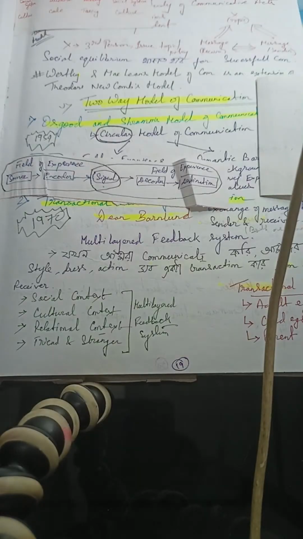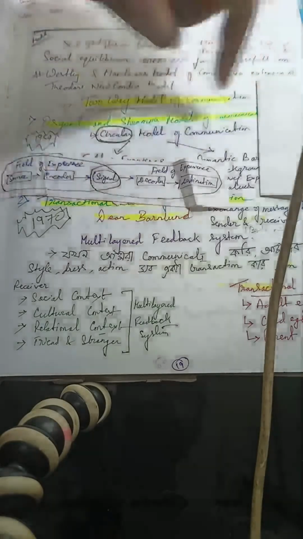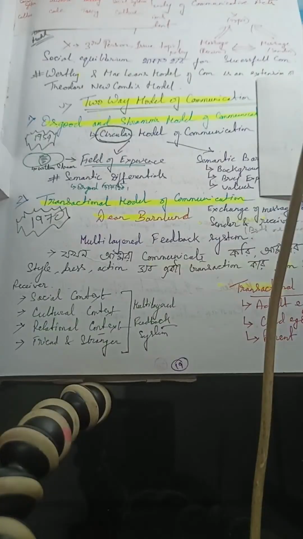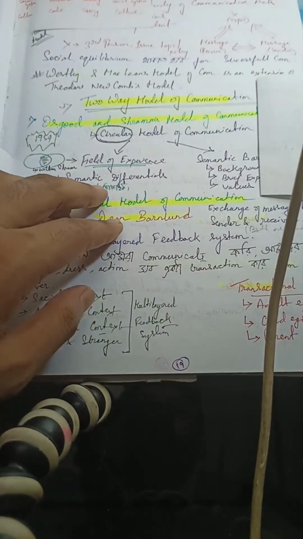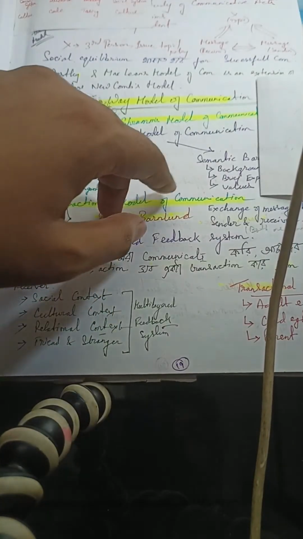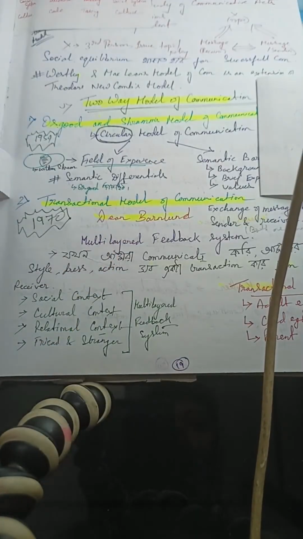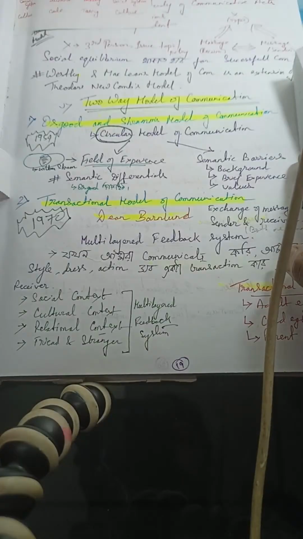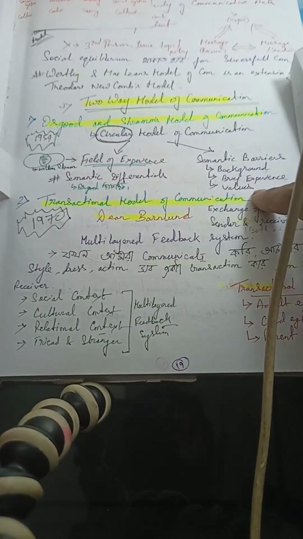But in layman's language, it shows the sender and receiver taking turns. It's a circular model of communication, where the important part is the field of experience and the semantic difference. Osgood has stated this. And they are talking about semantic barriers, which are the background, the experience, and the values.